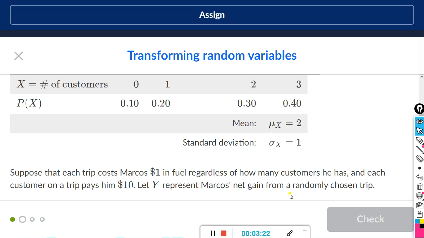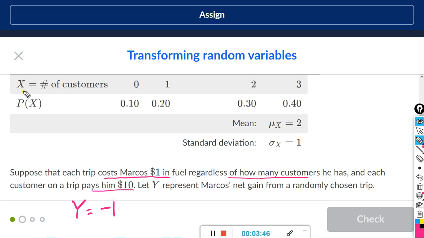Let Y represent the net gain from a randomly chosen trip. Y is basically how much money he makes. It costs him $1 in fuel, so he loses $1. And each customer on a trip pays him $10.